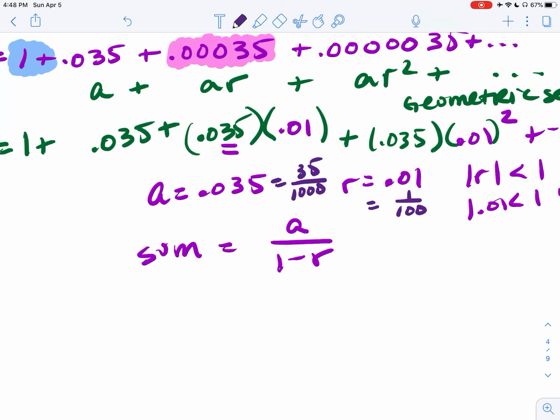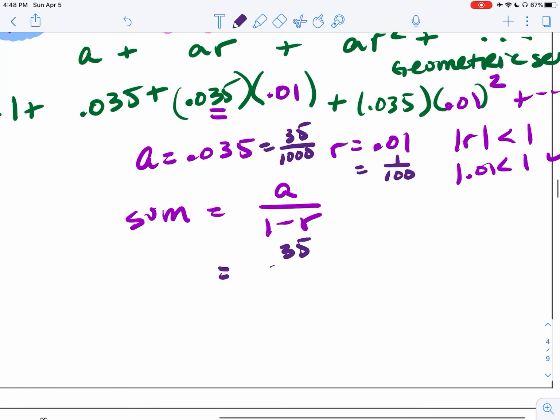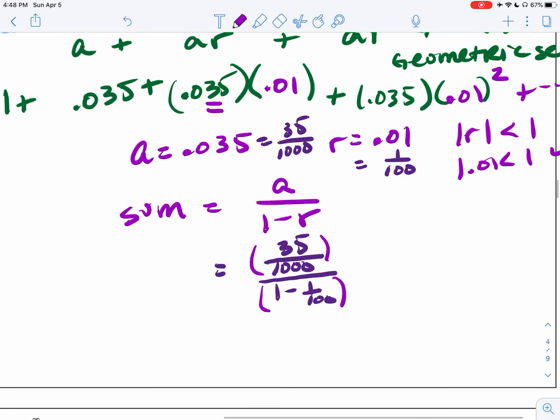So I have 35 over 1,000 divided by 1 minus 1 over 100. I like to multiply on top and bottom by the lowest common denominator, which is 1,000.